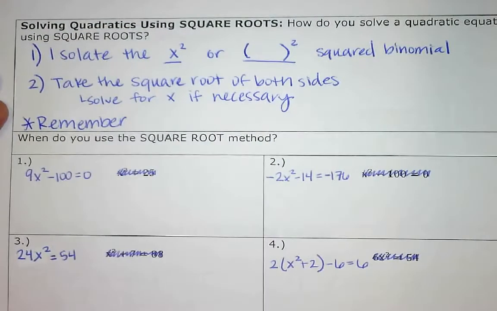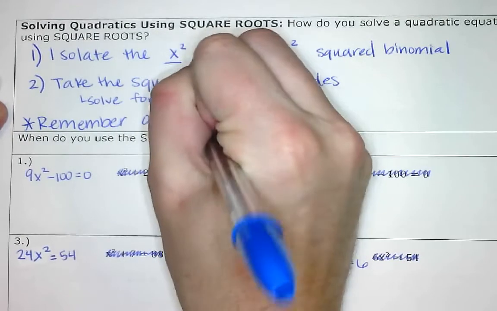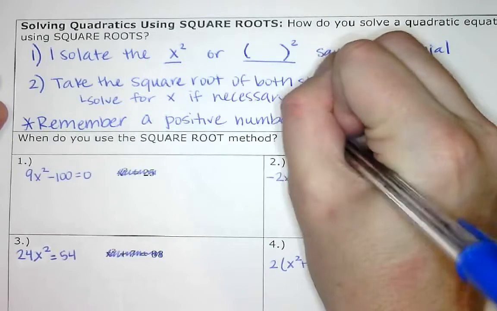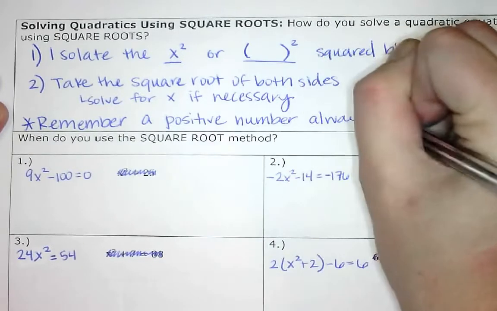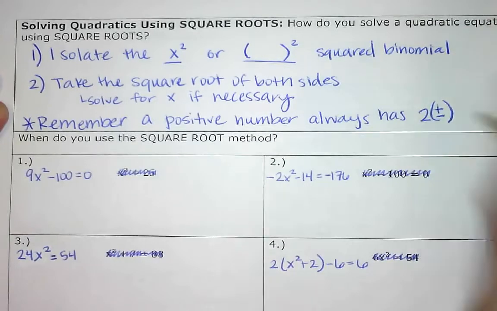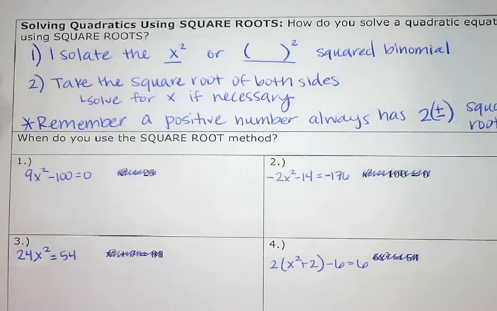But I want to remind you, remember, a positive number always has two square roots, a positive and a negative. Sorry about that.